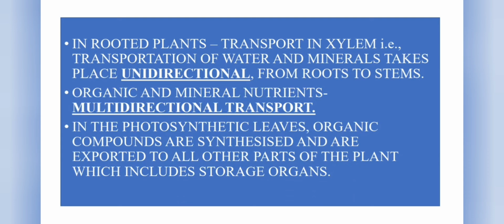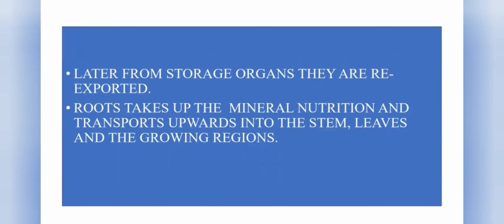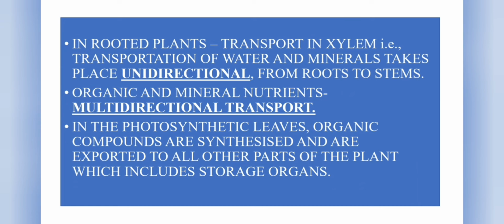Just now we discussed that photosynthetic leaves synthesize organic compounds and those compounds are transported to all the parts of the plant, including storage organs. Later these storage organs re-transport those organic compounds to the plant again.